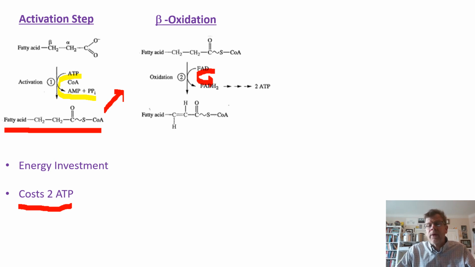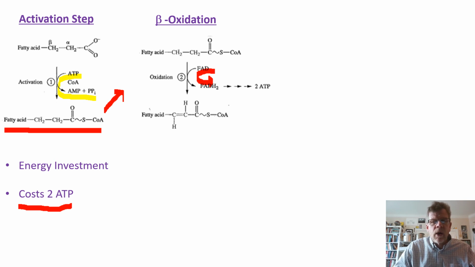And that concurrent reduction, in this case, is an FAD being reduced to an FADH2. Remember, beta oxidation, like the citric acid cycle, is happening inside the mitochondrion. Thus, any of these reducing equivalents, FADH2 or NADH, is a good thing, because we're going to go cash those in within the mitochondria for ATP by way of that oxidative phosphorylation that we saw at the end of the last unit.